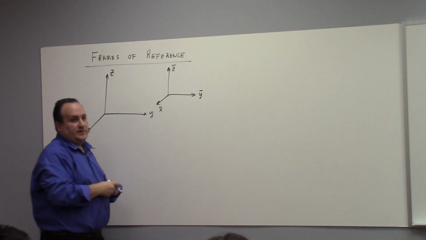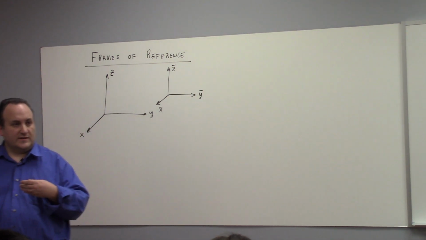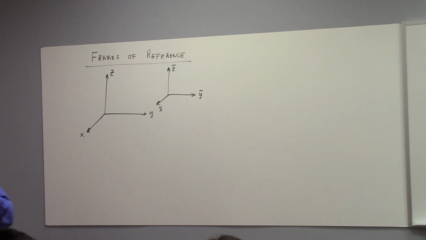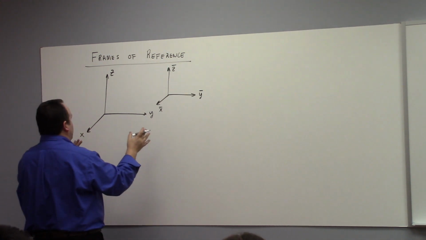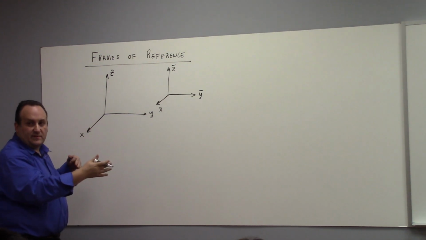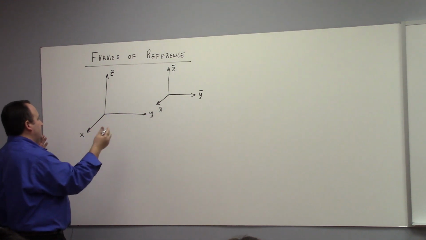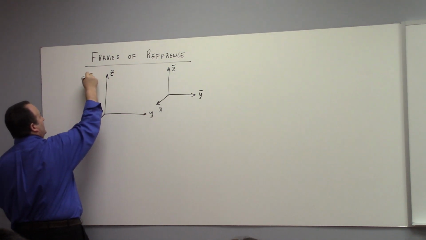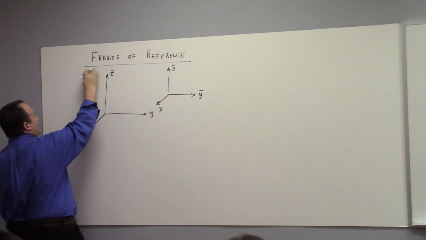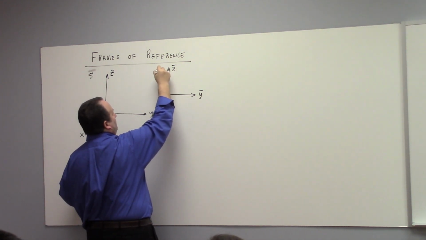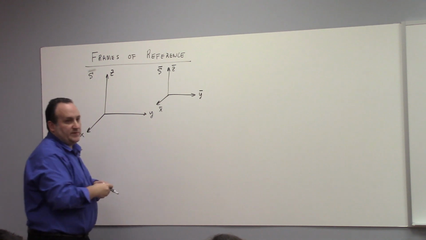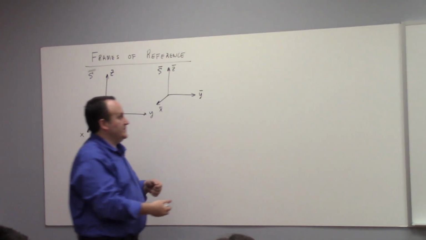So suppose you have two different coordinate systems, one with respect to one origin, one with respect to another. Then it becomes interesting to compare these two different coordinate systems. Just to give this a label, we could call this the S coordinate system, and I could call this one the S bar coordinate system. So consider two coordinate systems.